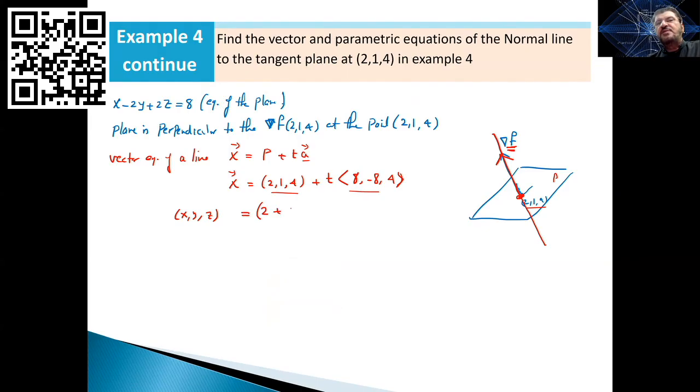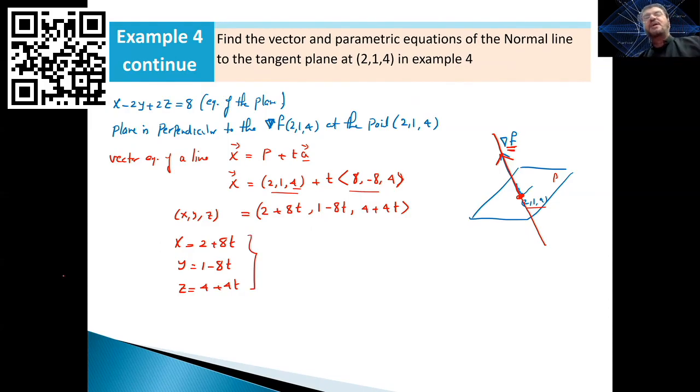If I multiply here, I get 2 plus 8t, comma, 1 minus 8t, and 4 plus 4t, which means that x is equal to 2 plus 8t, y is equal to 1 minus 8t, and z is equal to 4 plus 4t. Those are, by the way, the parametric equations of the line.